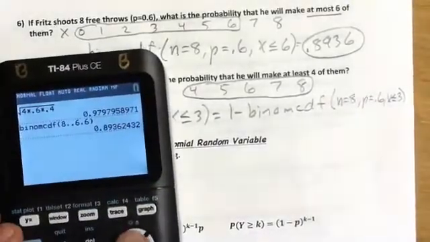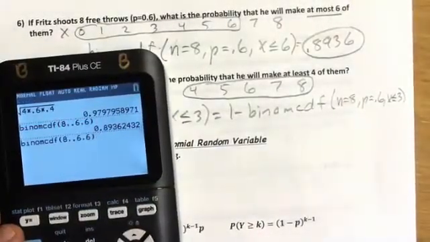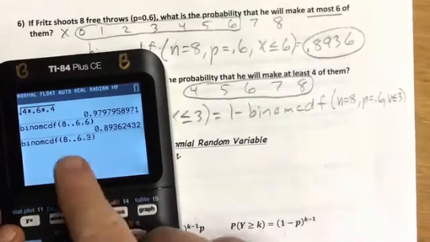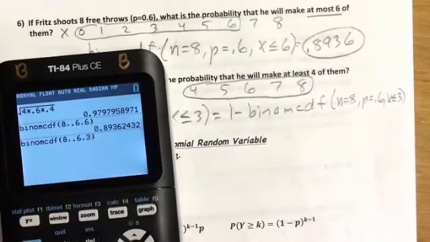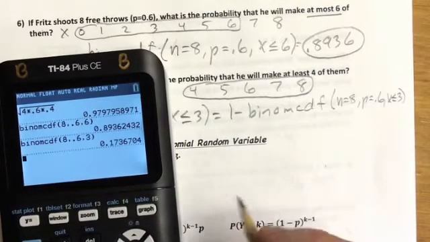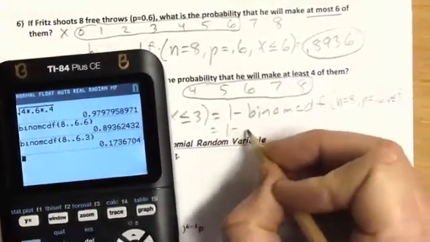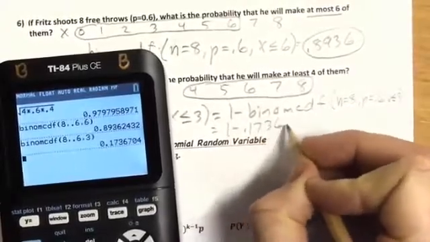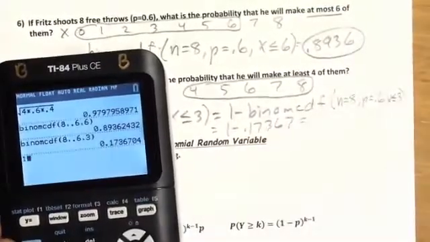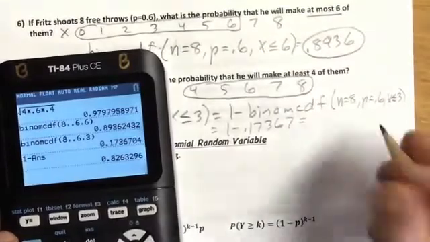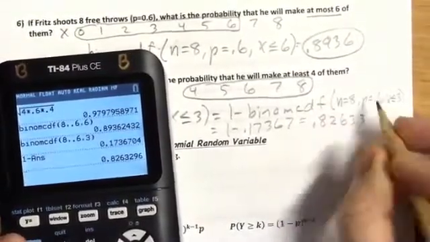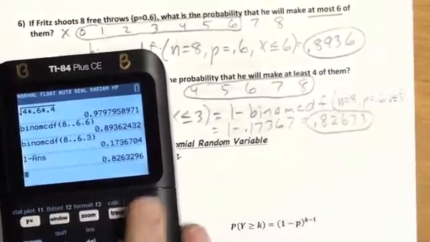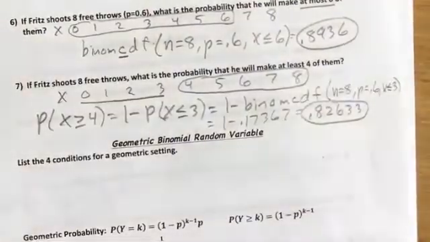Our X is 3, which since it's CDF, it's 3 or below: 3, 2, 1, or 0. And so that's that. So this is going to be 1 minus 0.17367. And so if we say 1 minus the answer, that would be 0.8263. There we go. So that is how you do that, and that's binomial.